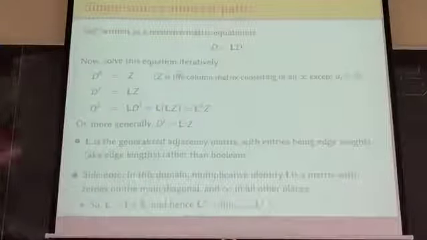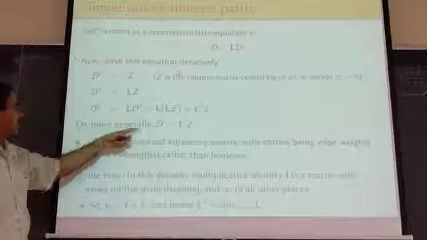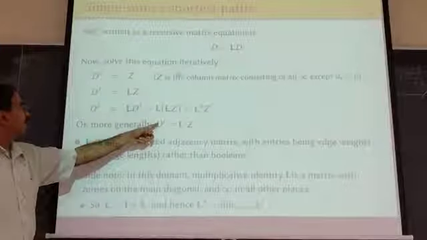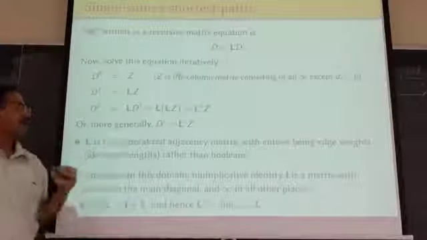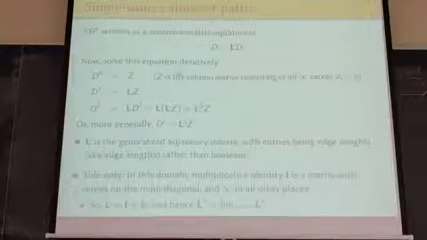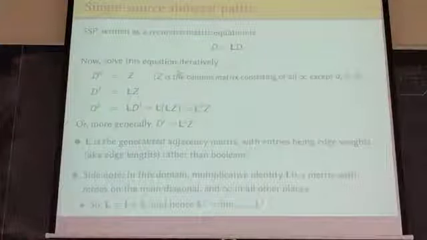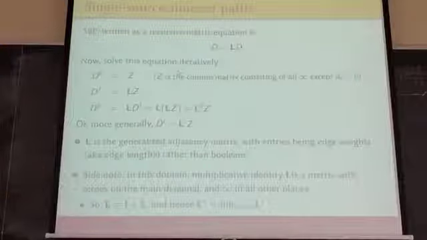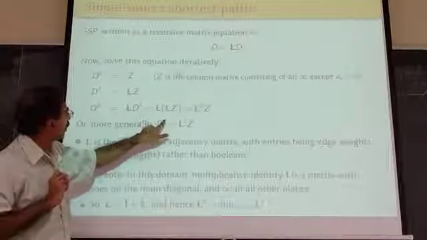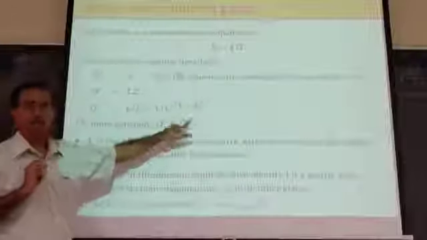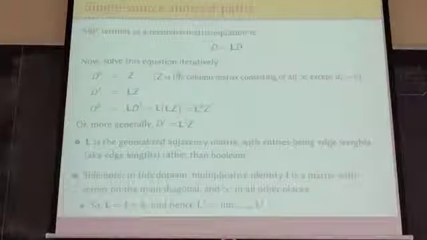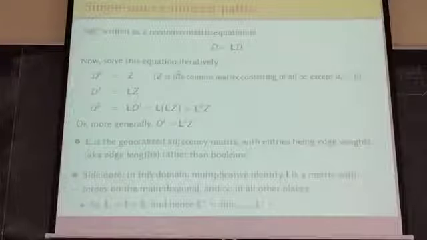And so on. In general, if you extend this, you will see that D^i, the ith approximation of D, is nothing but L raised to the power i times Z. Again, remember that this i in D^i is not a power, it is the approximation index, whereas here in L^i, it refers to an exponent.